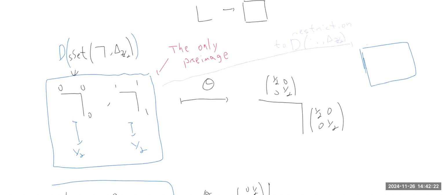One can see that when you have 0 on both, you get half. Sorry, 0 on both, it's half. And 1 in both, it's half. One can easily see this is the only way.